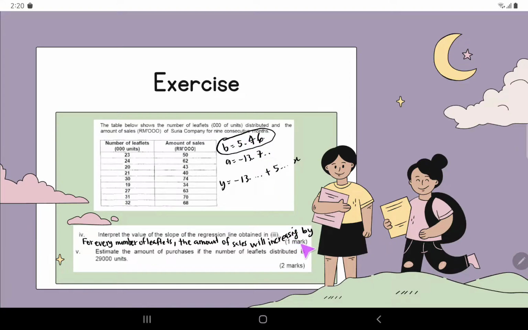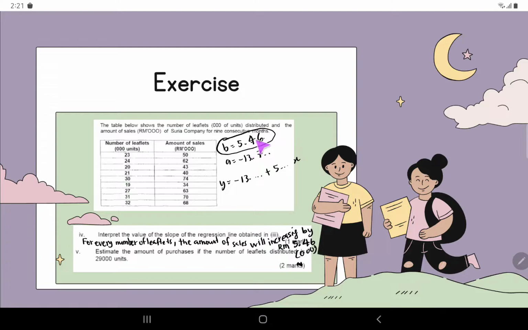So our B is 5.46, let's say tadi. So RM lah dekat sini, RM units, RM.